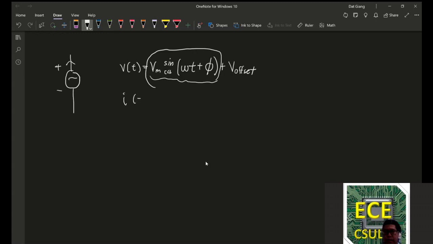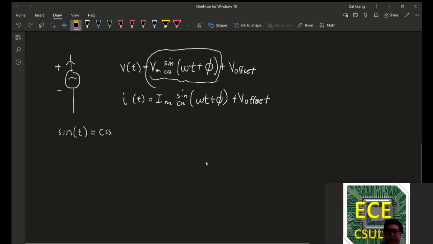Similarly, for current, we have I_m sine or cosine of omega t plus phase, plus an offset. Now, in circuit analysis, the choice of using sine or cosine doesn't matter, simply because sine of t is the same as cosine of t shifted. If we go through the math, we can ask, what is sine of t plus 90 degrees?